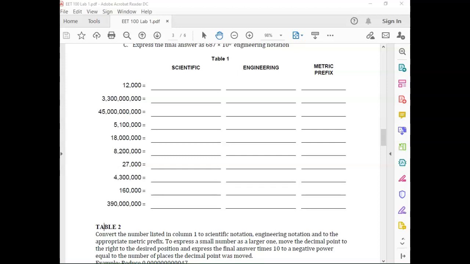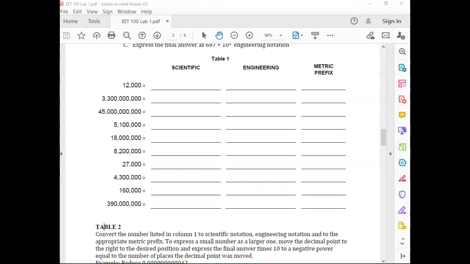All right, so looking at the third one down, we have 45 million. First of all, what is my scientific notation? 4.5 times 10 to the 10th power.